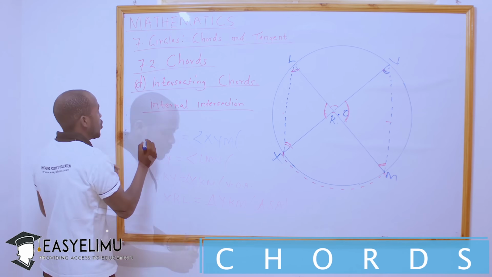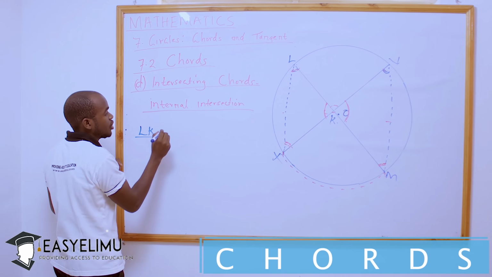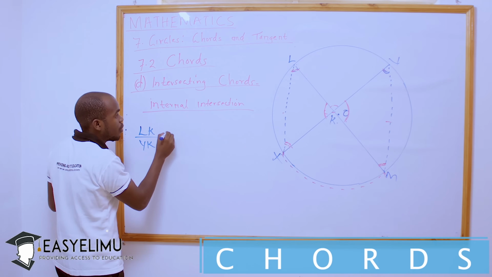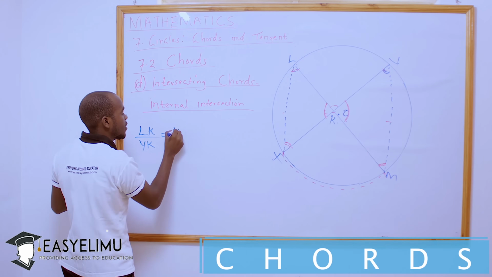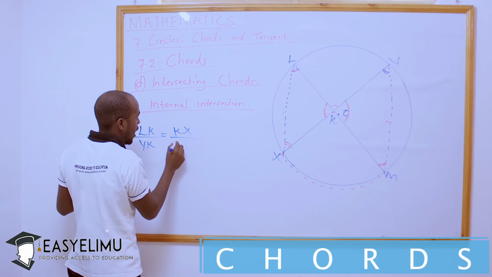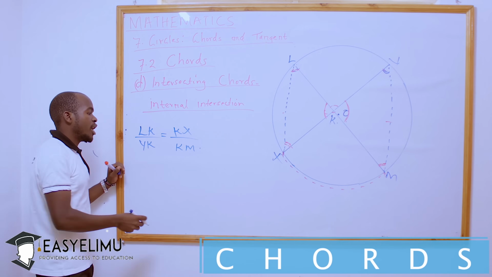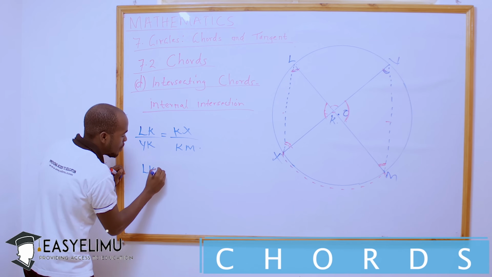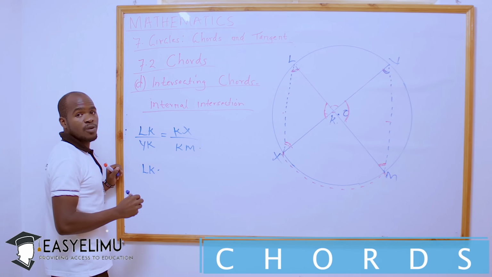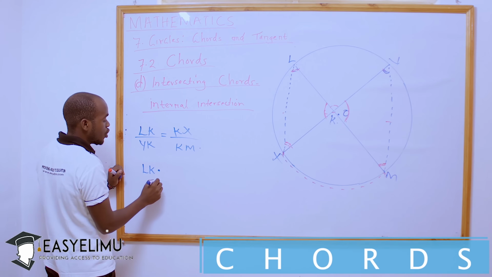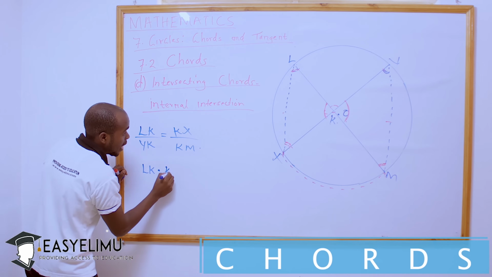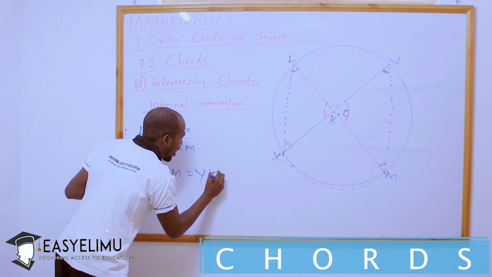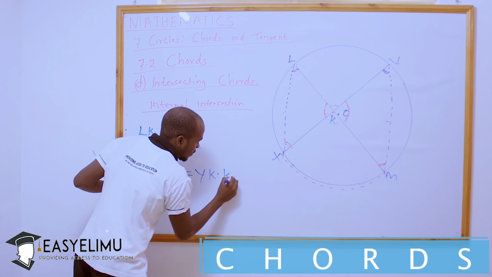Therefore, if you take LK, the ratio of LK to YK will be equal to KX to KM. So doing it the other way, we are going to have LK multiplied by KM, where I use the dot sign to mean that I'm multiplying the two, is equal to YK multiplied by KX.